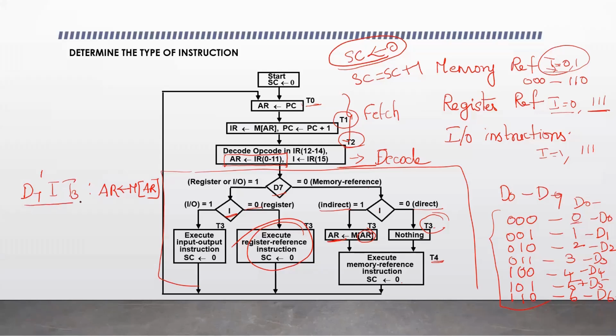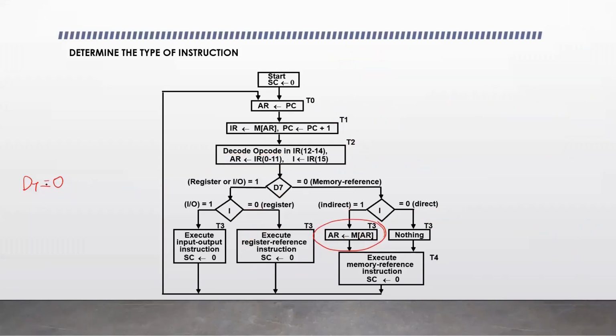To get this condition enabled, all these bits need to be 1. And what is D7 here? Let's take this operation, AR is, this is done at D7 0, right? So when D7 is 0, we need to make it 1. So you complement D7 here, D7 dash. And what is I here? The value of D7 is 0 and I is 1 for this particular instruction.